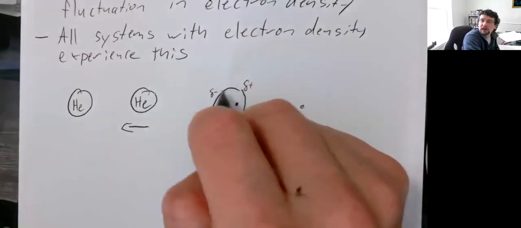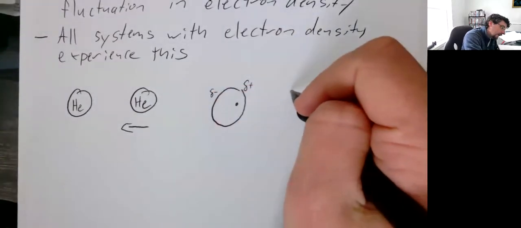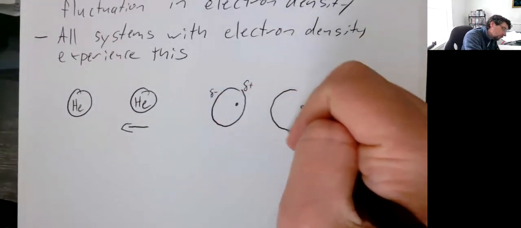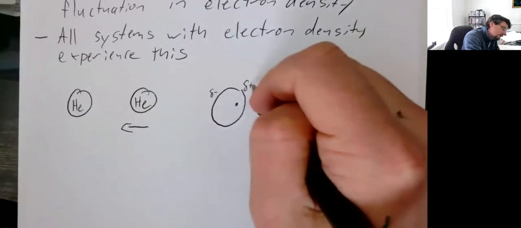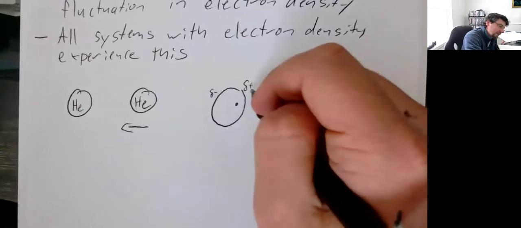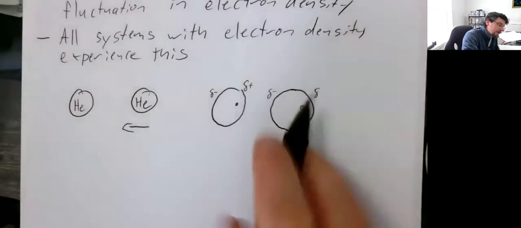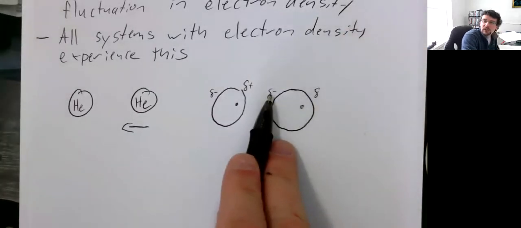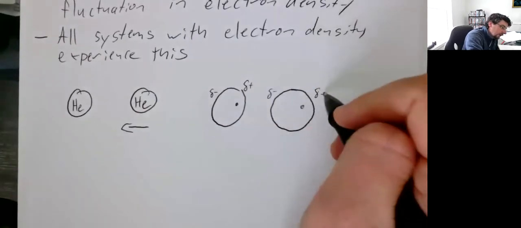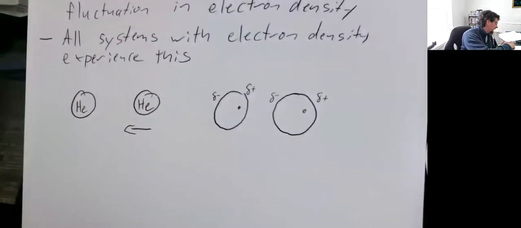Then when this starts to happen, the same thing happens to this guy. It keeps on being attracted more. So you have this negative charge here that's attracted to that partial positive that starts to form. And because the electron density is kind of getting squished over this way, you form a partial positive on this side.